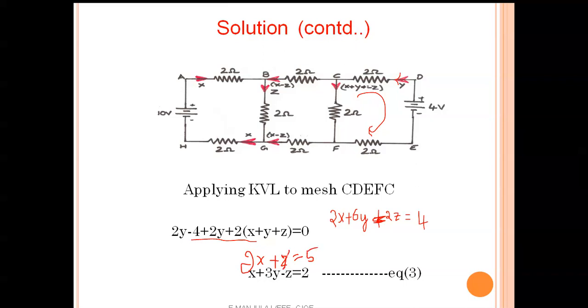So this set and this set will cancel and you will get here 3x plus 3y is equal to 7.